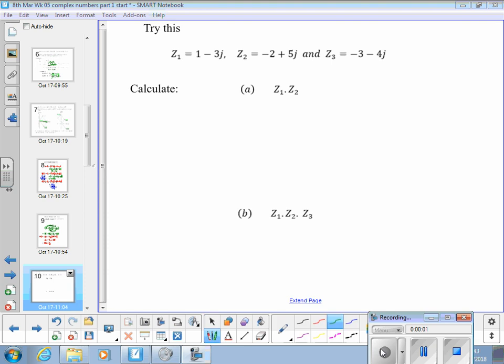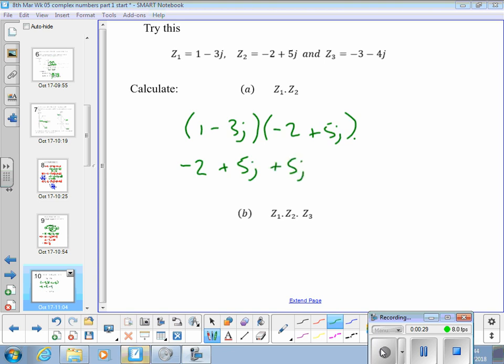Taking a look at these two, we've got Z1 times Z2, so that's 1 minus 3j times minus 2 plus 5j. Multiplying 1 by minus 2 gets minus 2, plus 5j, plus another 5j... that becomes plus 15.